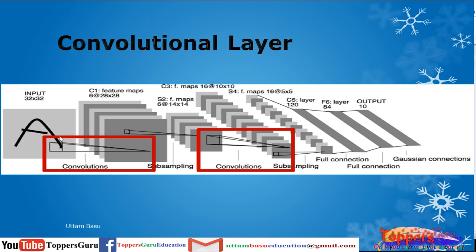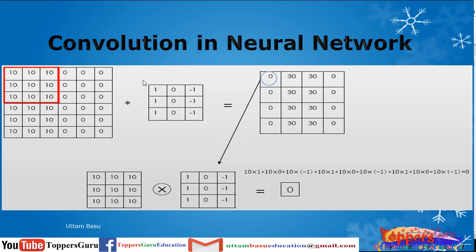Convolution layer. In the convolution layer, the extracted image comes to a smaller size, and from the smaller size we again extract smaller images by subsampling, and all the subsamples are fully connected. Suppose my input image is a 6 by 6 matrix, and this is my 3 by 3 filter. After convolution, it will compute this whole area with this matrix, and we get the first value.